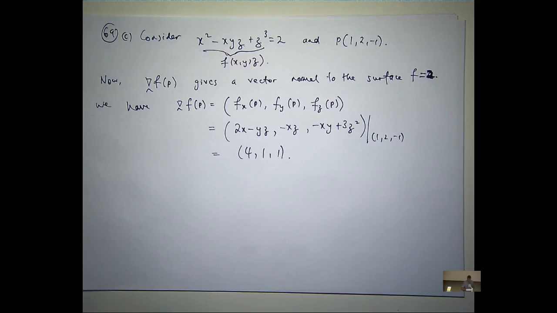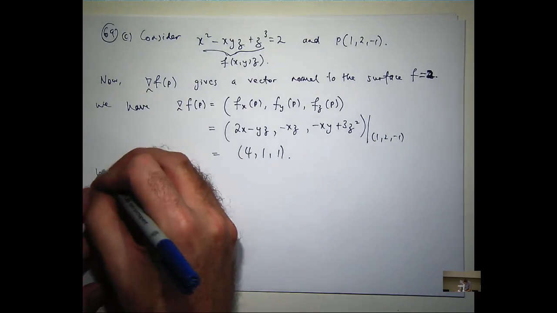So what we want to do is calculate the equation for the tangent plane. Now you can get the equation for the tangent plane in a few different ways, but one way is to have a normal vector to the plane and a vector in the plane. You just dot them together, set them equal to 0.